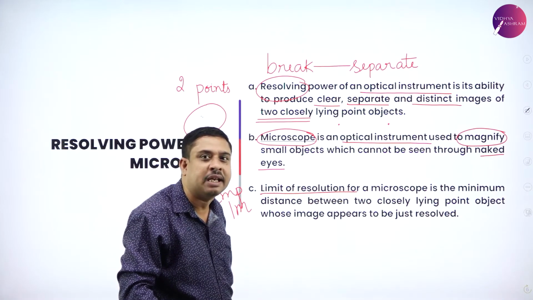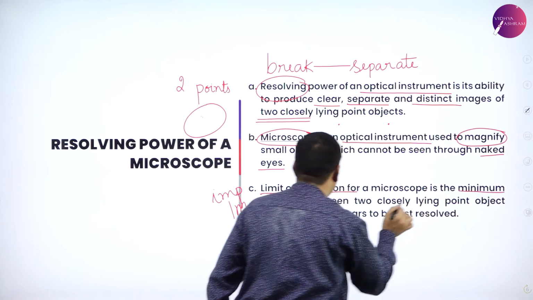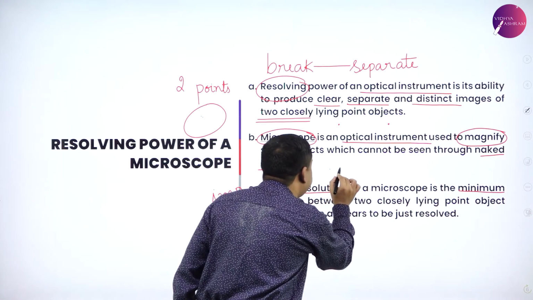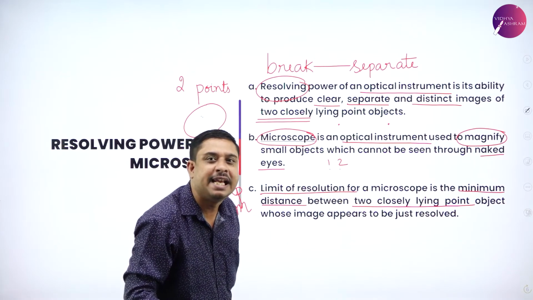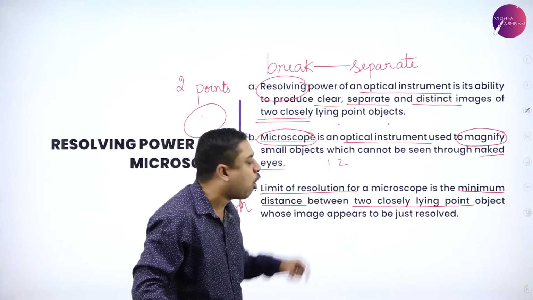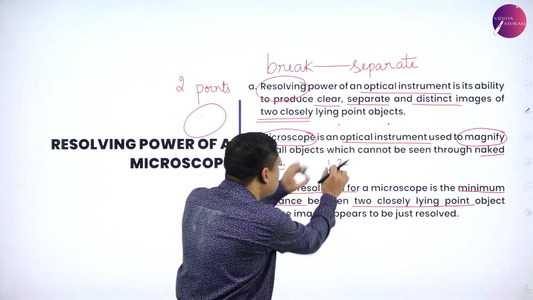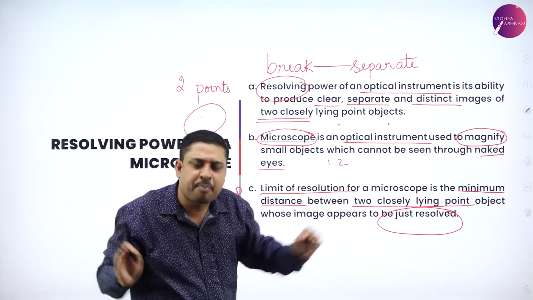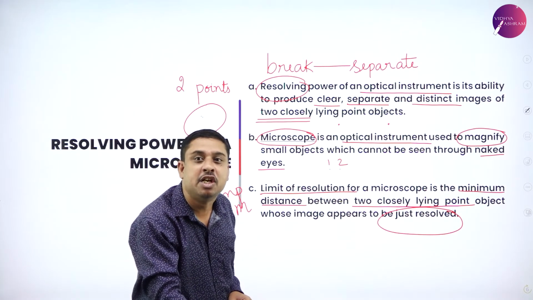Limit of resolution for a microscope is the minimum distance between two closely lying point objects where these two objects appear to be just resolved, just separated.